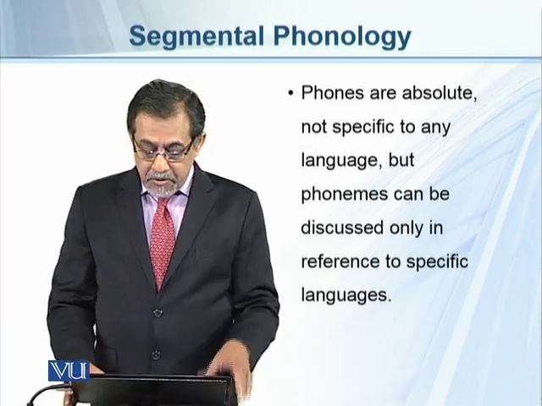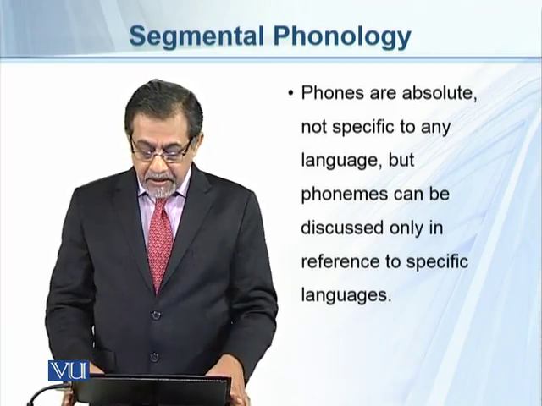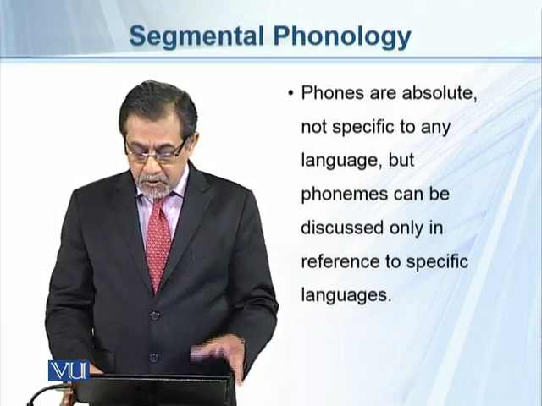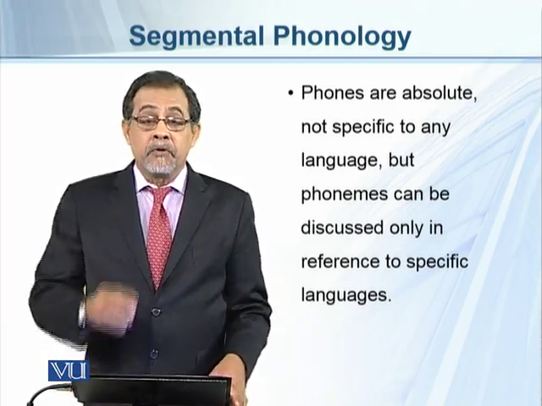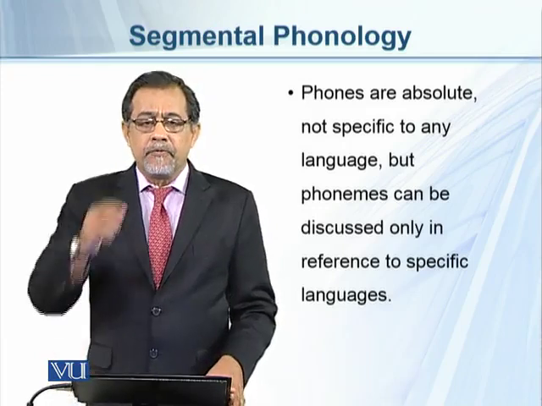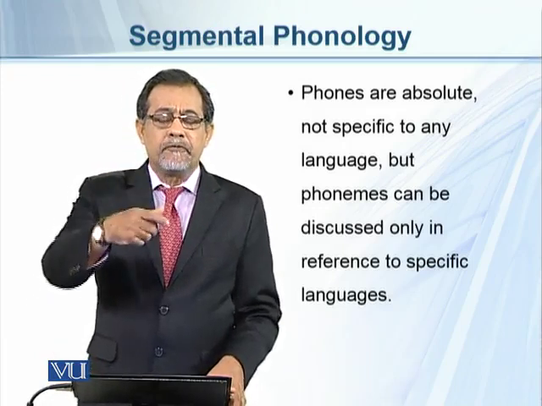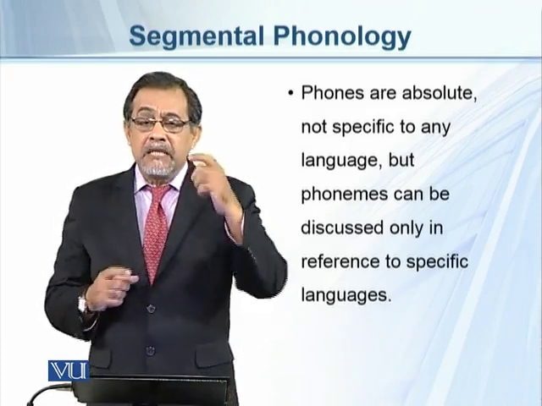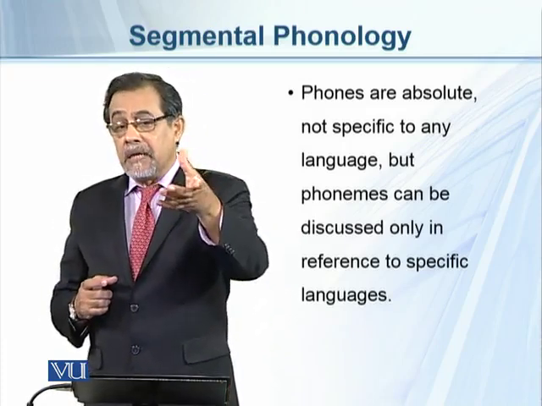Phones are absolute, not specific to any language, but phonemes can be discussed only in reference to specific languages. So phonetics discusses phones, right? And a phone, for example b, is a bilabial sound, so it is found in all languages.